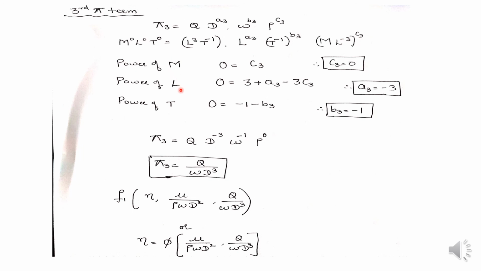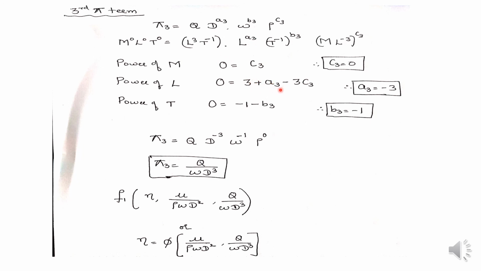Now equating the powers of M, L and T on both sides of the equation. Power of M on the LH side is 0. On the right, no M term is there except M to the power c3. Therefore c3 is equal to 0. Next, power of L. On the LH side, the power of L is 0, so 0 equals 3 plus a3 minus 3 c3.